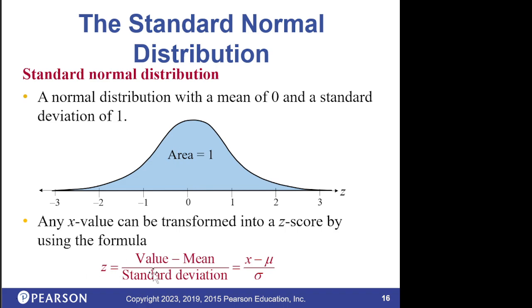So we can say that any x value can be turned into a z-score, just like we did with descriptive statistics. We take the value minus the mean and divide it by the standard deviation. If we look back into our notes in Chapter 2, we had a way of calculating a z-score for anything that we knew the standard deviation on.